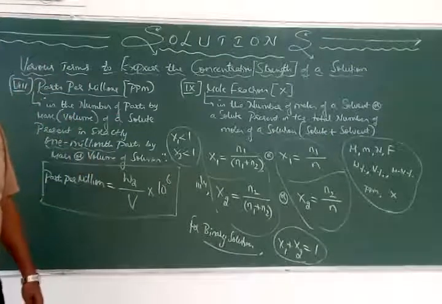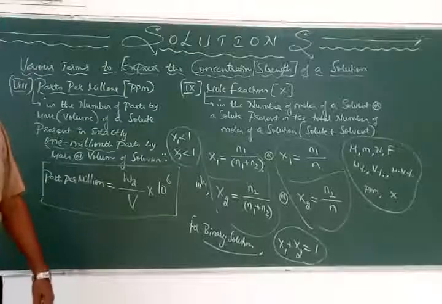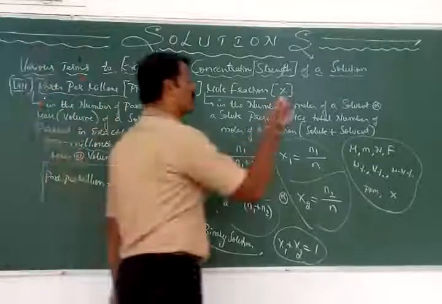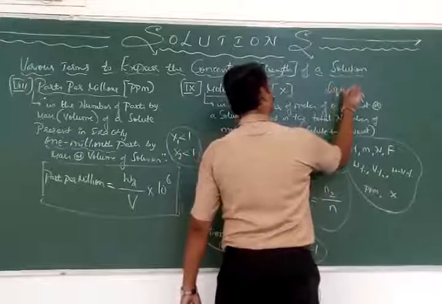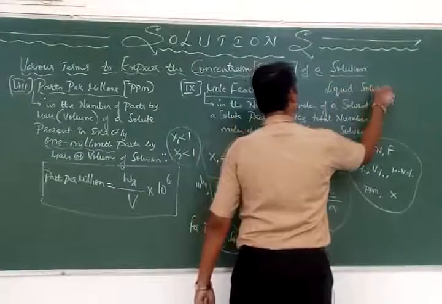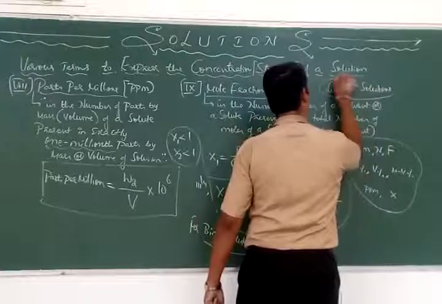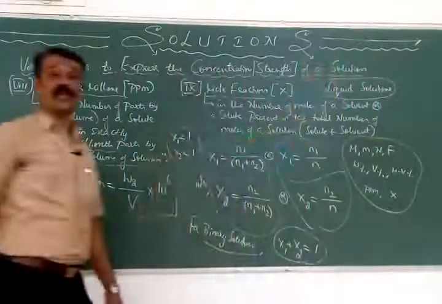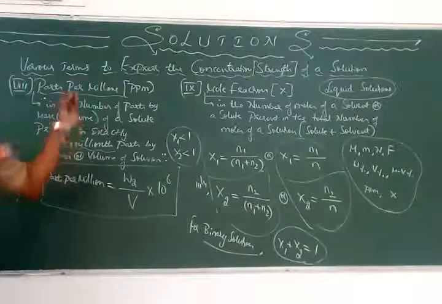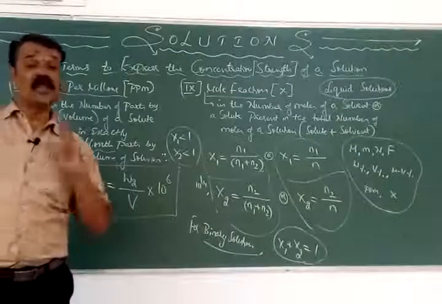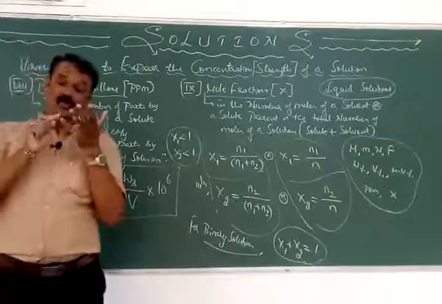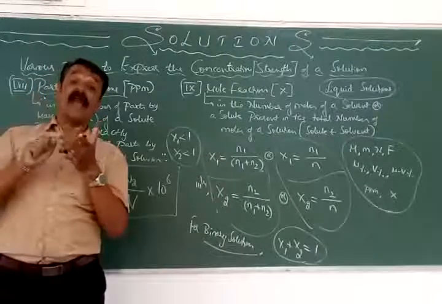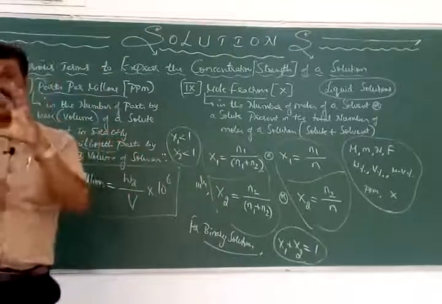Okay. So after this, now we are moving to the concept called as liquid solutions. We have to concentrate strictly on which solution? Liquid solutions. Means liquid solutions is a homogeneous mixture of either a solid or a liquid or a gas in the liquid solvent.